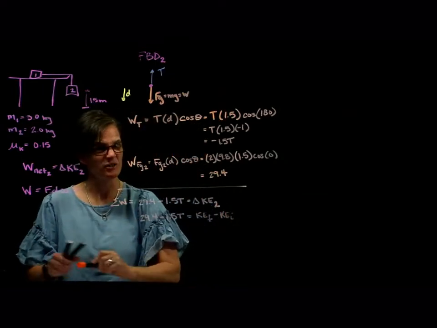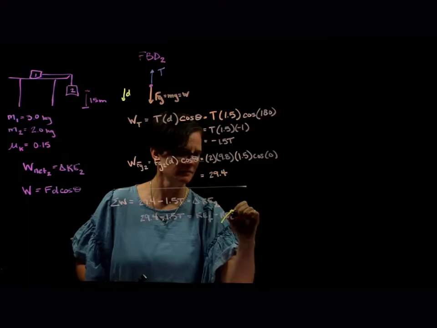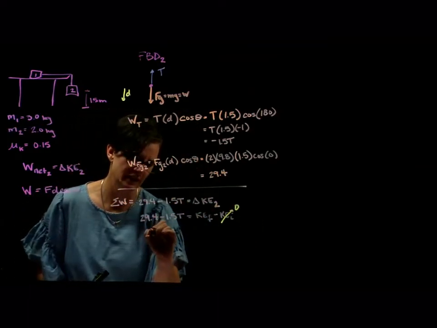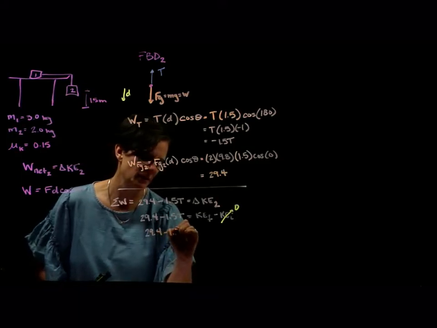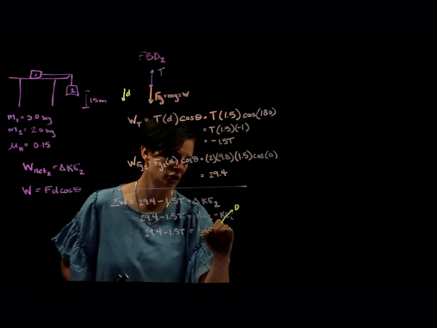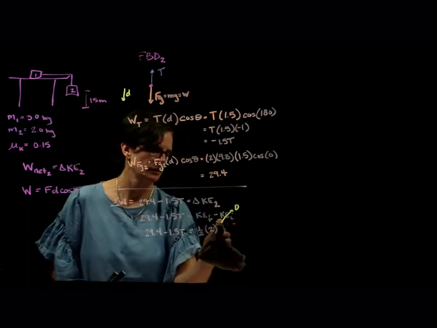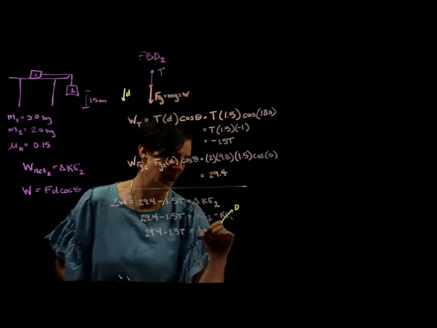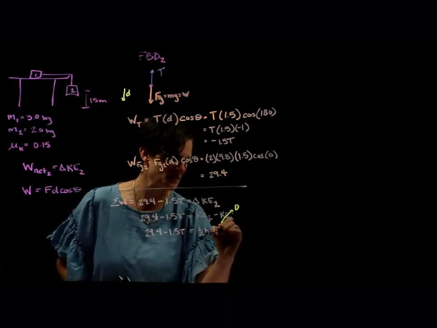The block starts from rest, so that goes to 0. And we end up with 29.4 minus 1.5T is equal to 1/2 the mass, 2. Let's put it in equation form just so you see all of the steps: m v final squared.